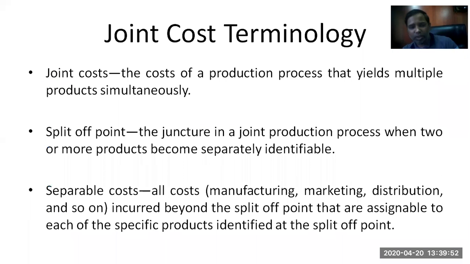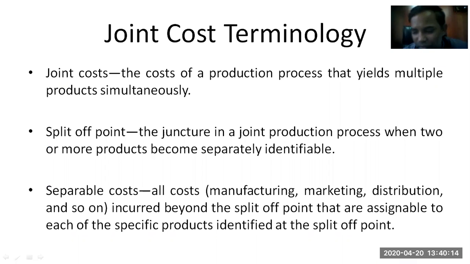Terminologies. What joint cost means. See, joint products. Generally, when you are producing 2 different products, but up to a certain point both of these products pass through the same production process on the same channel, then it becomes a joint product.